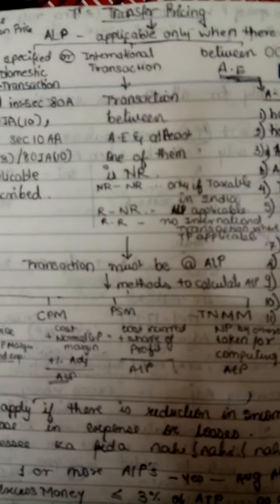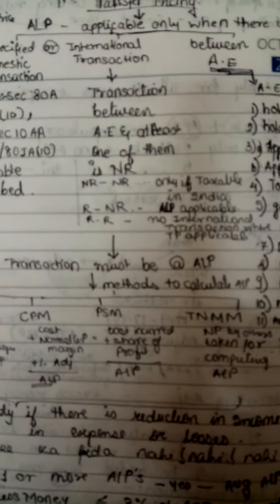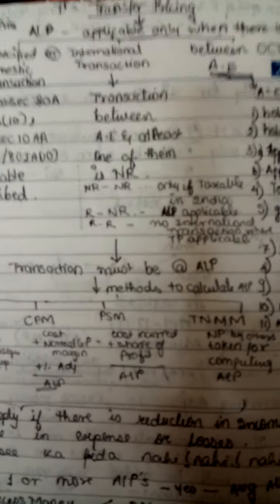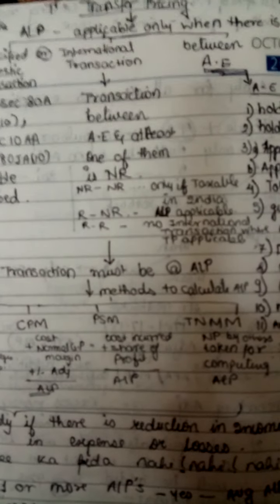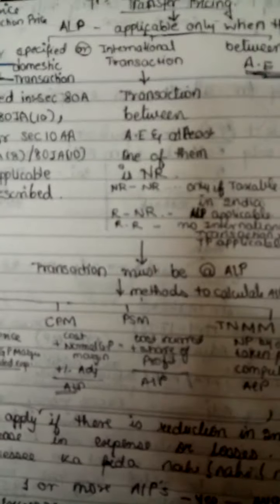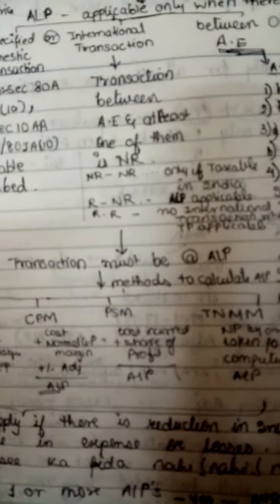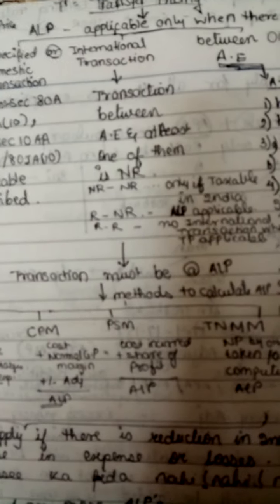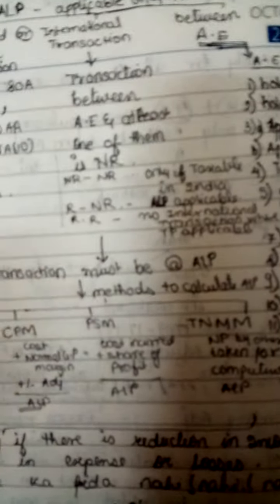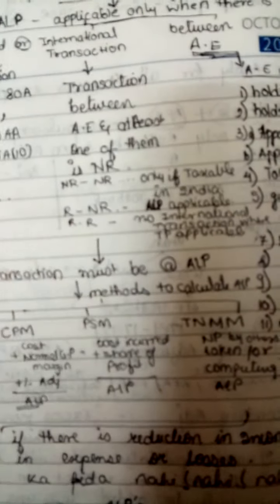Now we will continue with our very important part, that is international transaction, that is a transaction between associated enterprises where at least one of them is NR. Here at least one of them is NR is being said, but the exception is that if both are NR, it is an international transaction only if the income of at least one NR is taxable in India.